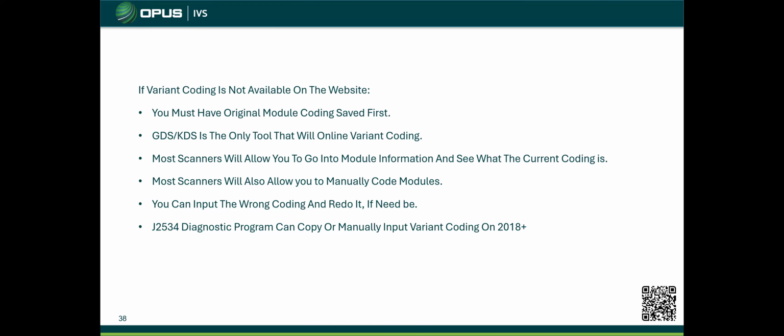The good thing with Hyundai and Kia is if you wanted to just guess, or if you accidentally input the wrong coding, you can redo the coding on these modules as many times as you want. They are not a one-time burn. So that is definitely good to keep in mind.